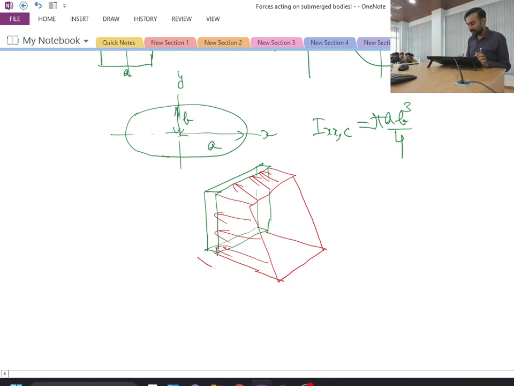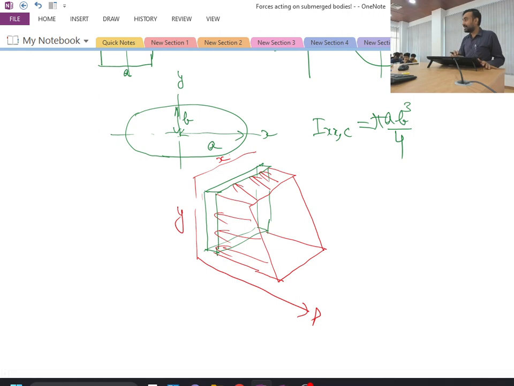This is the pressure distribution over this. This side I have pressure, and this side represents the area, this plane and this plane. Say this is y, this is x. Multiplication of x and y represents the area.